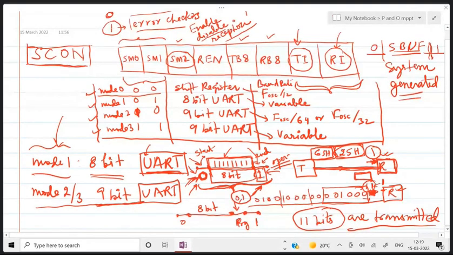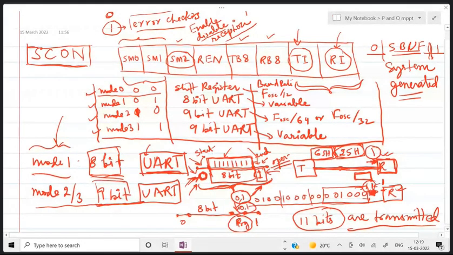I told you that there is a ninth bit in 8-bit UART. This has to be 1. You cannot change it. But in 9-bit UART, this ninth bit is programmable. You could make it 0 or 1.